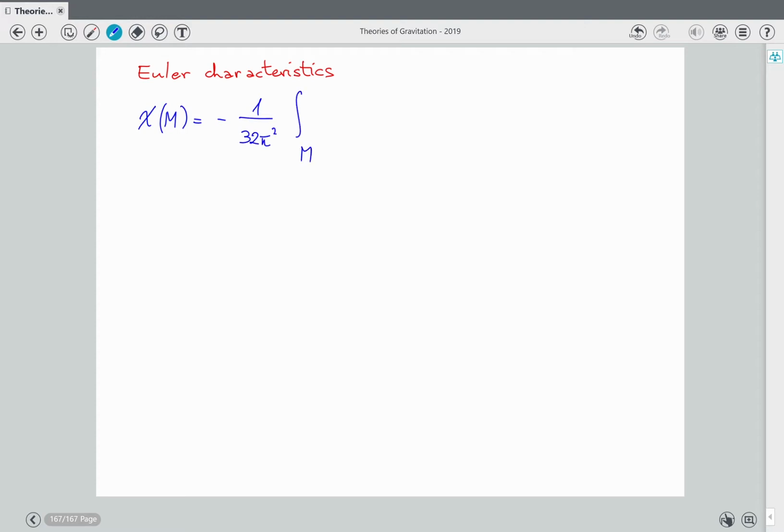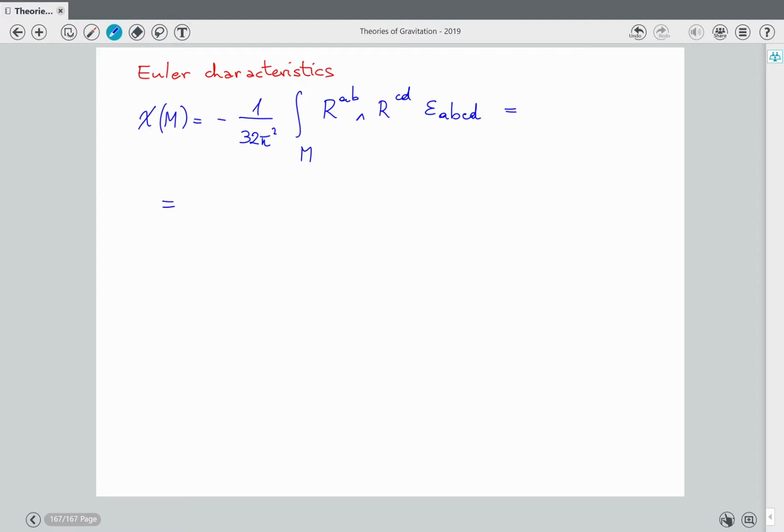It's an integral on the manifold and can be written as a form like that. So it's quadratic in R, and can be written like that. How to relate it to the three terms we have already seen.